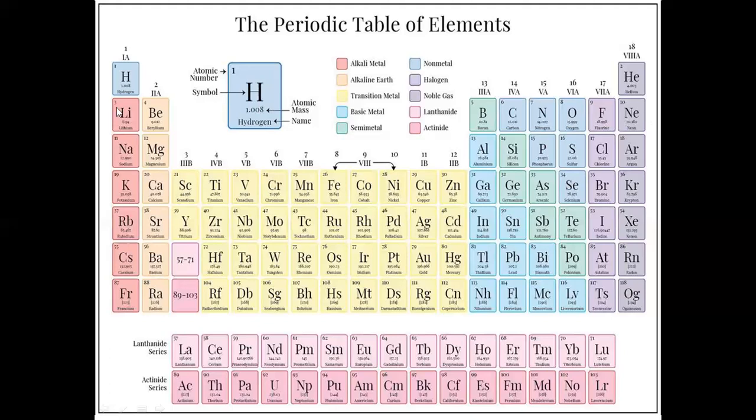The outer shell has 1 here and 8 over here. Together there are 8 elements, and each one has 2 orbits. The first orbit is completely filled. The second orbit is varying.